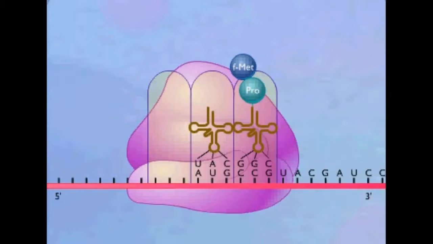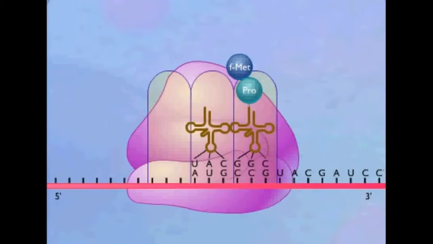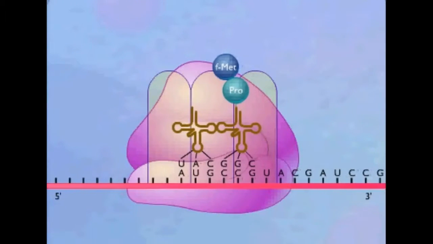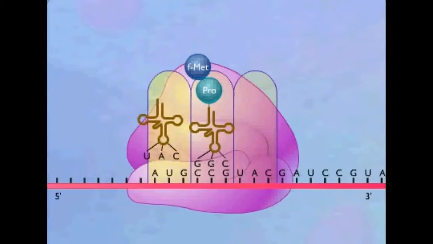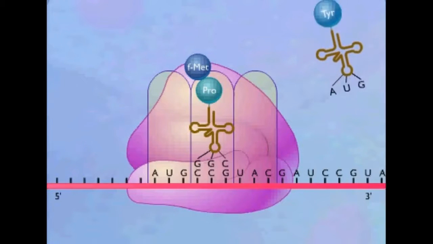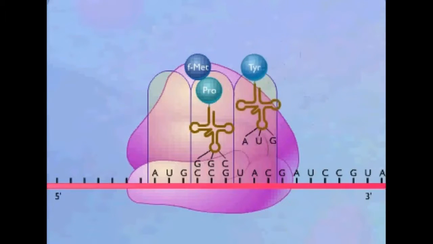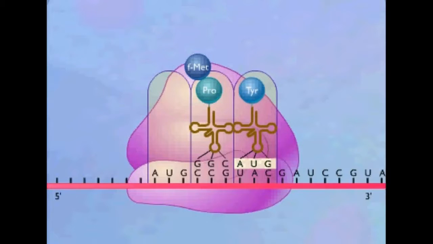The ribosome now advances a distance of one codon and the transfer RNA that carries the formyl methionine is released at the E site. A transfer RNA carrying the next amino acid now moves into the A site where the anticodon on the transfer RNA matches the codon on the messenger RNA.